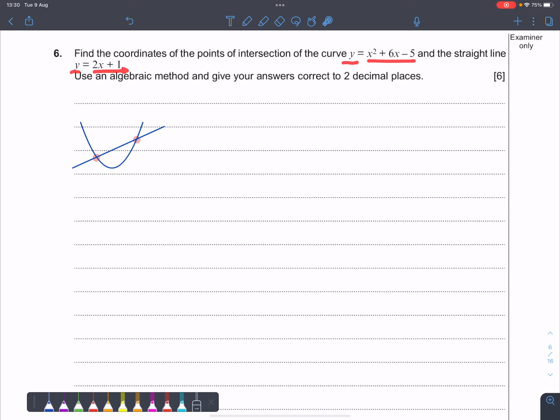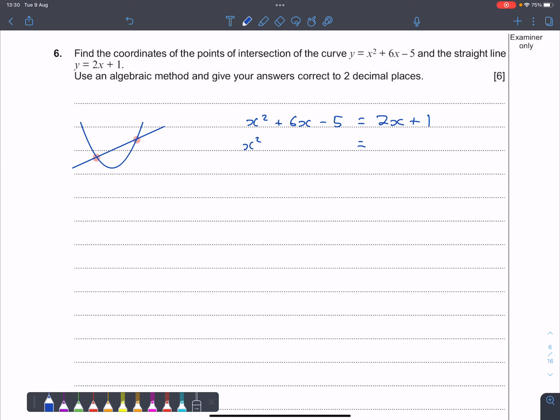If the y values are the same at the 2 points where they intersect, I know that this expression must be equal to that expression for these 2 points. So I can put them equal to each other. x squared plus 6x minus 5 equals 2x plus 1. So this is now a quadratic, which we can solve by making it equal to 0.